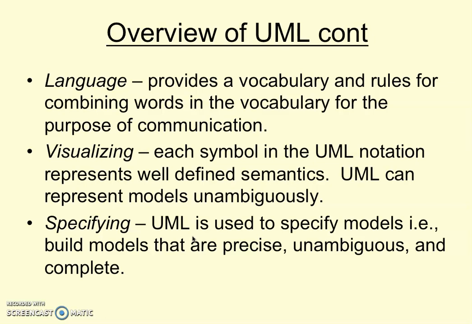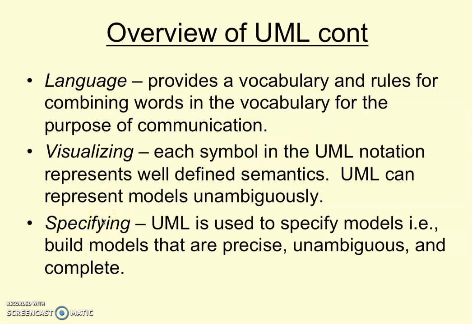There's also visualizing, of course. So each symbol in the UML notation represents some semantics that are actually pretty well defined. So it helps us really be very unambiguous when we are representing our models. And remember, in software development, we need our projects to be unambiguous. Now, it also helps us specify models, right?